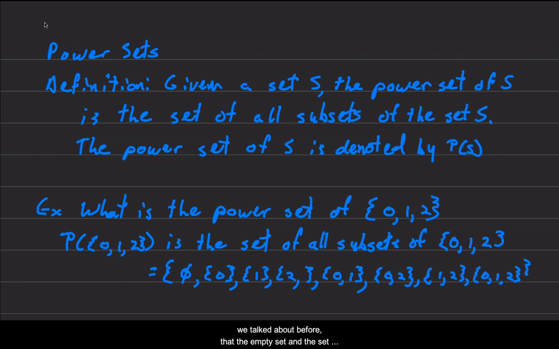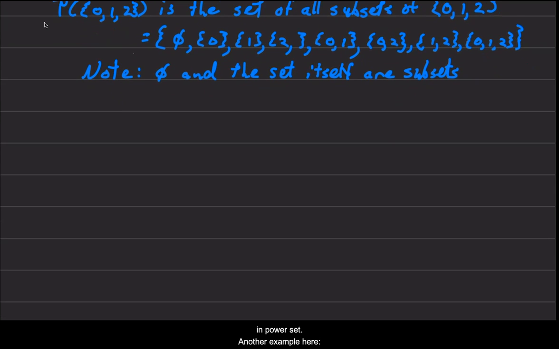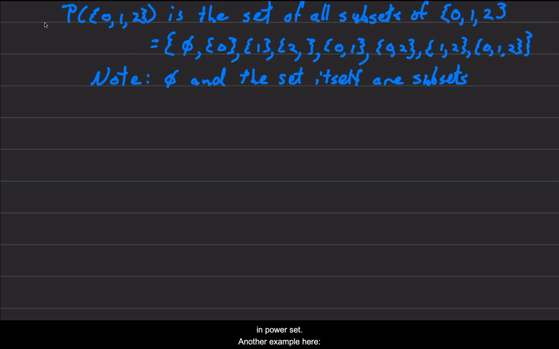And then we close out that whole set. And make sure to note, like we talked about before, the empty set and the set itself are subsets. So you don't want to forget those in the power set.